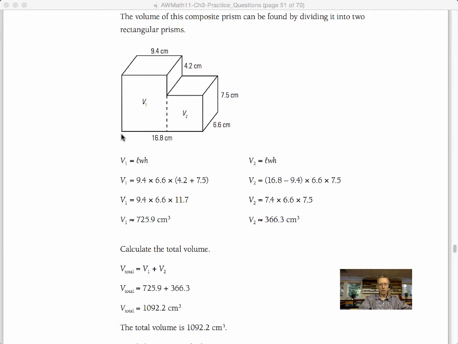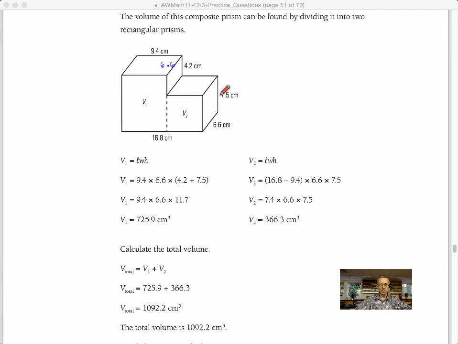So again, they need to know length, width, and height. So they know this width, they know this here, because it's in this part of the diagram here, 6.6. Look to other parts of the diagram. This has to be 6.6 right here.